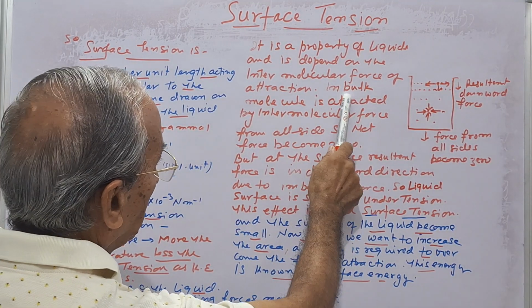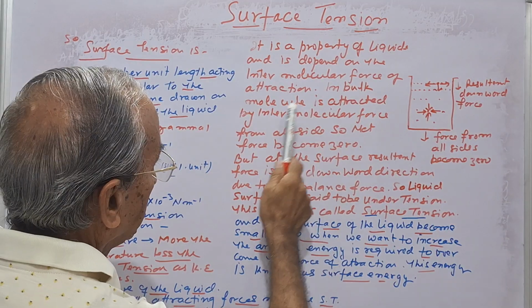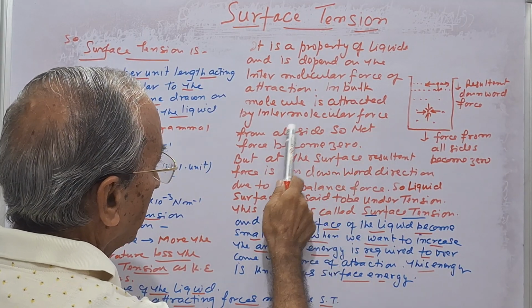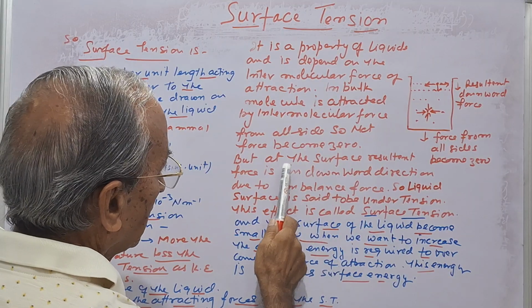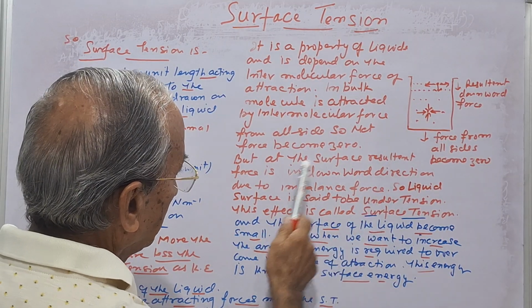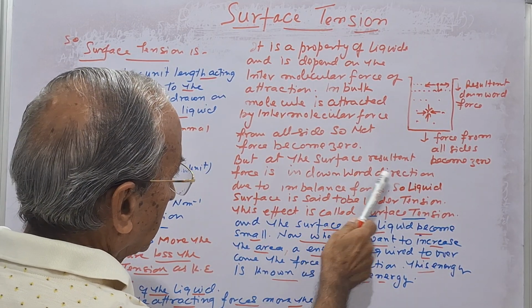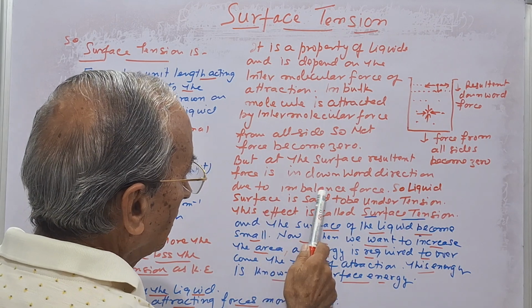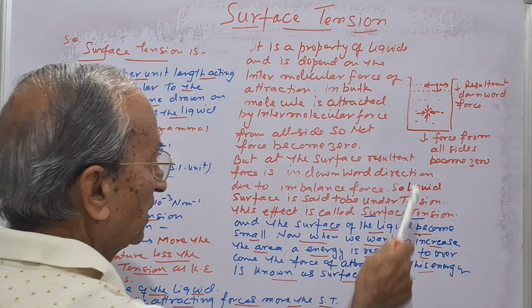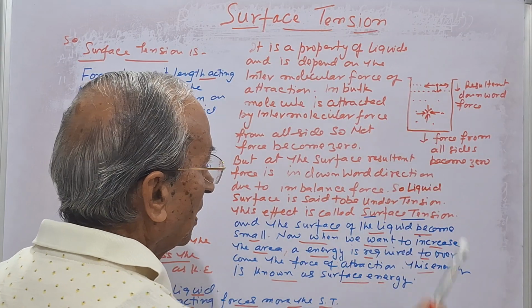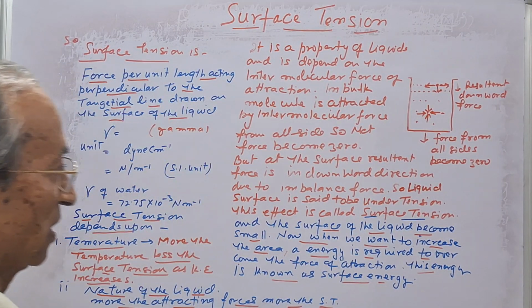So in the bulk, a molecule is attracted by intermolecular forces of attraction, so the net force becomes zero, but at the surface there is a resultant force in the downward direction due to the imbalanced force. So we say that the surface becomes imbalanced in nature.